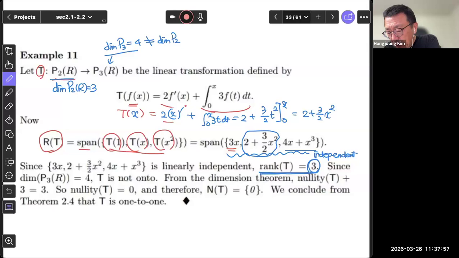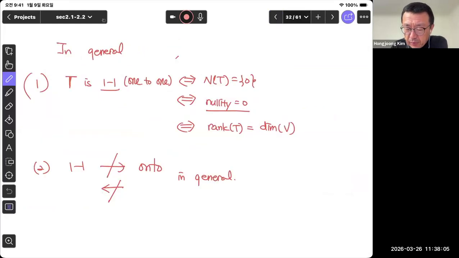But if the rank is 3 and the dimension of the domain is 3, then, as I said, if the rank and the domain dimension have the same values, then the nullity will always be 0.